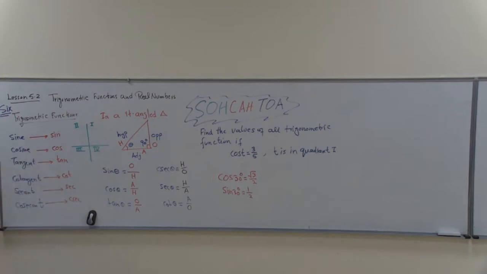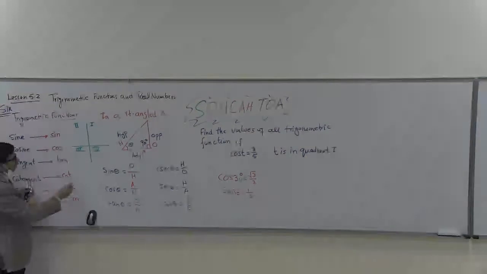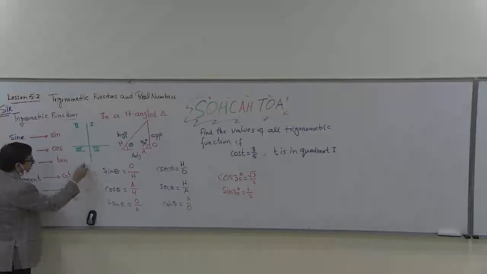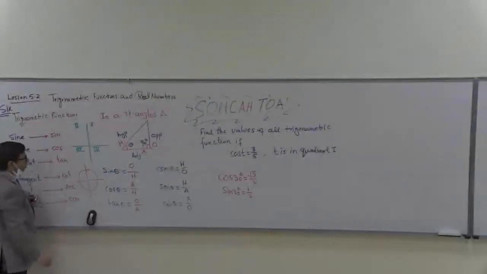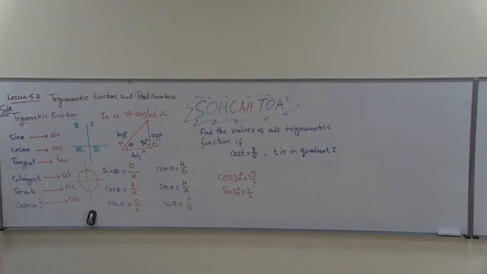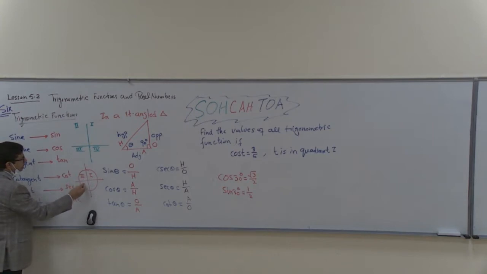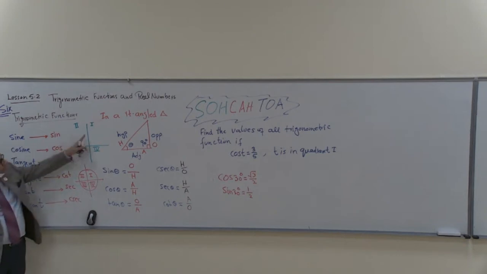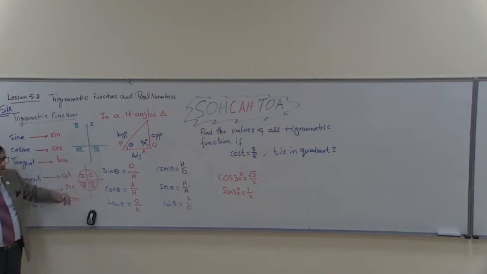When you draw a circle, there are 4 parts of the circle. The first one is known as the first quadrant, then second quadrant, third quadrant, and fourth quadrant. But in practice, we are not going to draw the circle. I will be writing like this, and you know this is the first, second, third, and fourth quadrant.